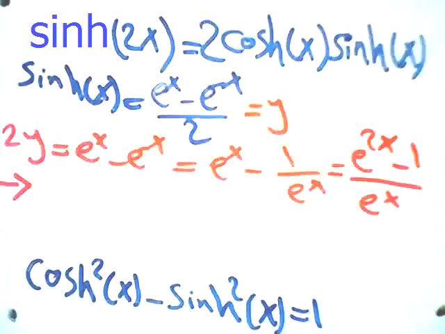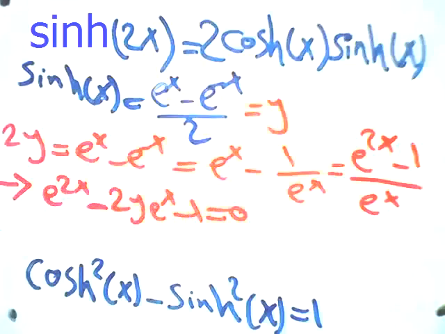Now let's multiply 2y and the last fraction by e to the x like this, and subtract the right side from both sides. Now here e to the 2x equals e to the x squared.